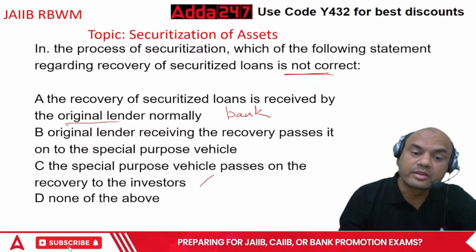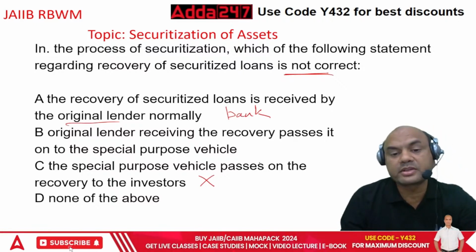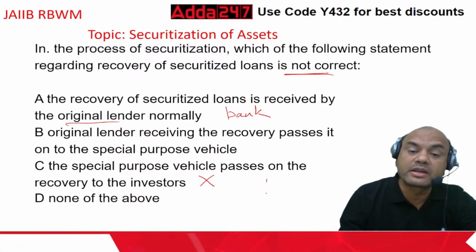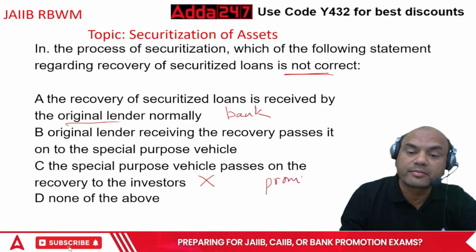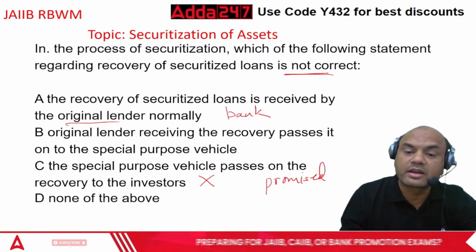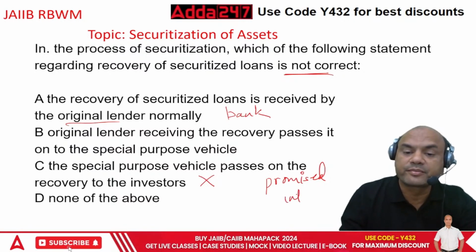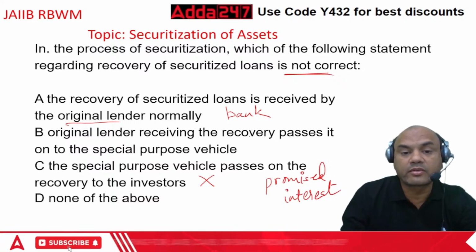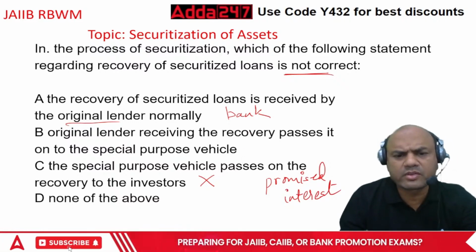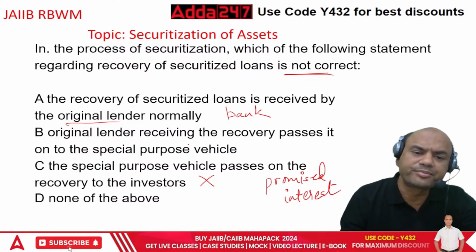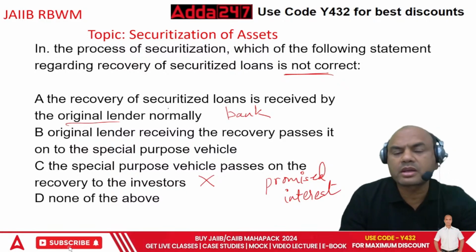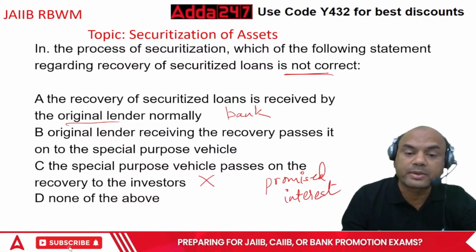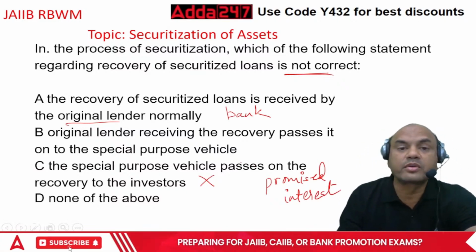No, it will not. Why? Because the SPV will just give the promised interest. Whatever is promised, only the promised interest will be given by the SPV. They won't pass on the whole recovery. The recovery which I get, I will not give it to the investor if I am the SPV. The remaining two are correct, but this C is not correct.